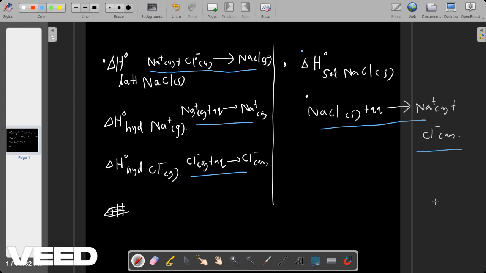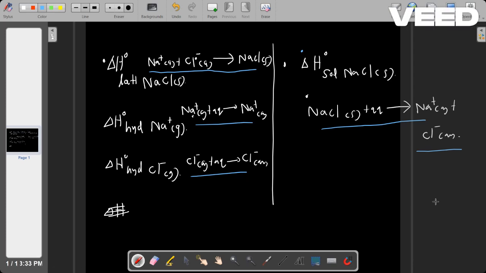As per your answer, lattice enthalpy is... You must show the direction of the arrows. Okay, first one is okay, and lattice enthalpy is very good.